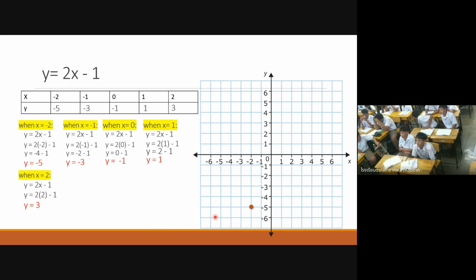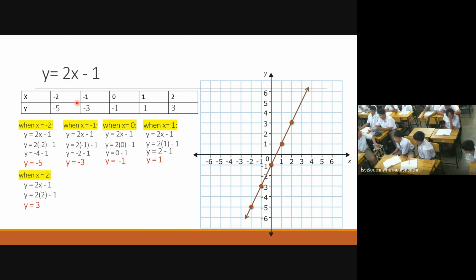Again, this one. What else? Negative 1, comma, negative 3. And then we have 0, comma, negative 1. Then 1, comma, 1. And then 2, comma, 3. And then you're going to graph.